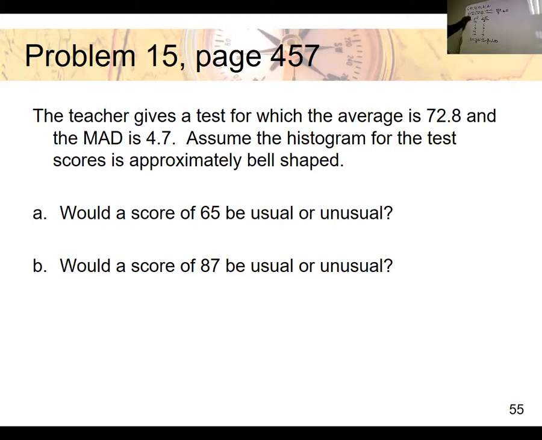The teacher gives a test for which the average is 72.8 and the mean absolute deviation is 4.7. Assume the histogram for the test scores is approximately bell-shaped. So in part A, we want to ask this question: would the score of 65 be usual or unusual?